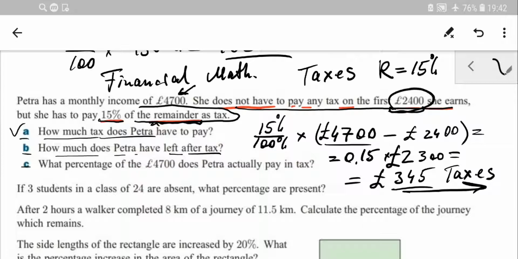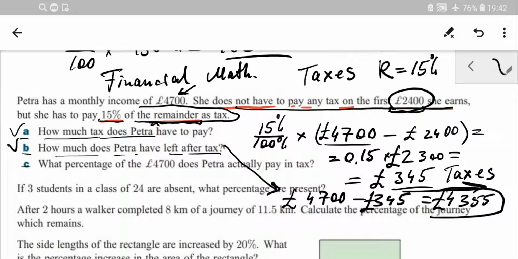So the money she has left in her pocket is the difference of 4,700 and 345 pounds. Let's calculate. She'll be left with 4,355 pounds. That's B.